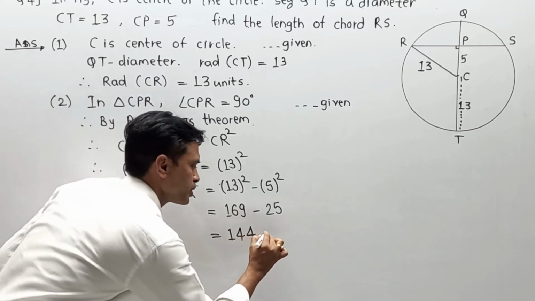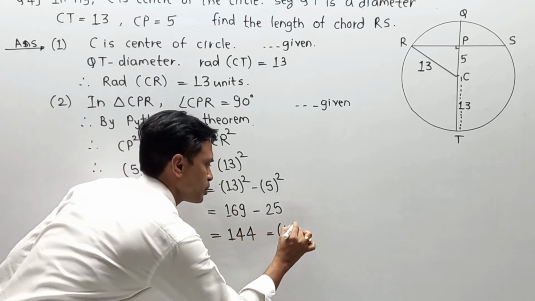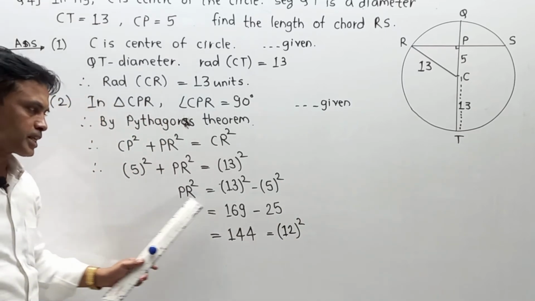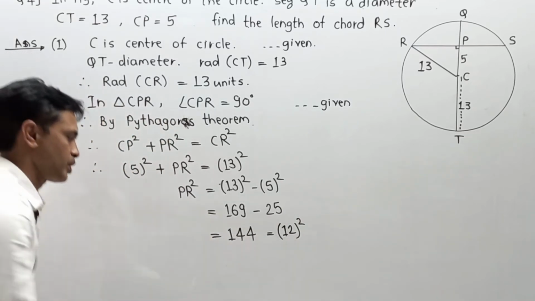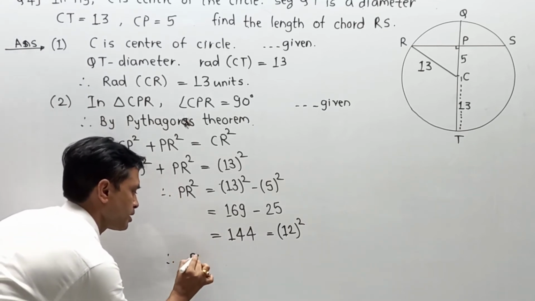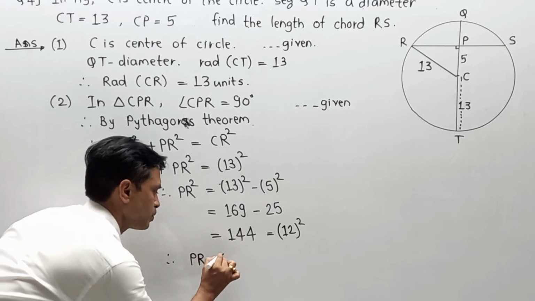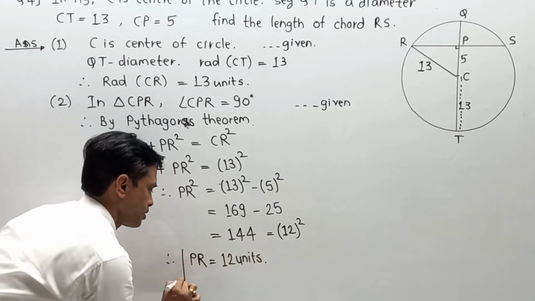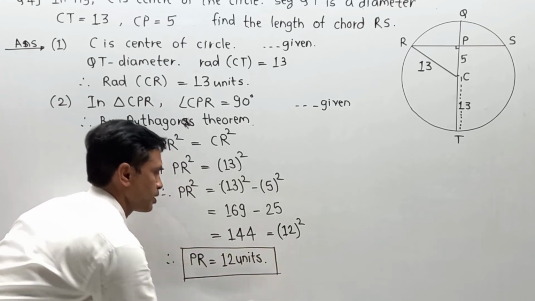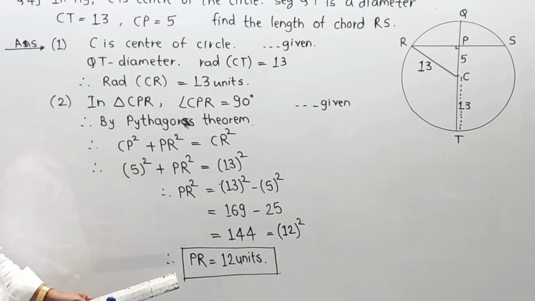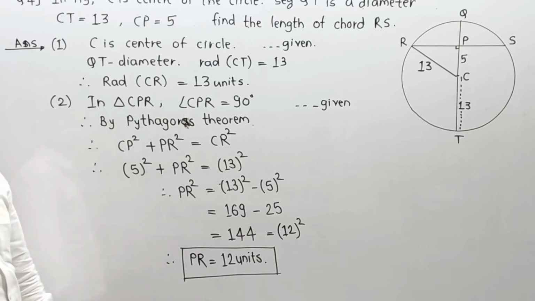Now 144 is nothing but 12 square. As 144 is nothing but 12 square, that is PR square, means PR square is 12 square. Therefore, PR is equal to 12 units. In this way, we are able to get the complete calculation up to PR, and this PR is 12 units.